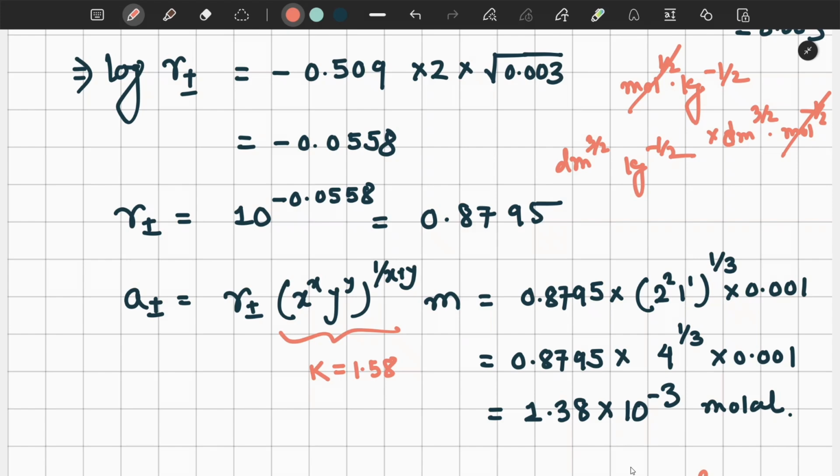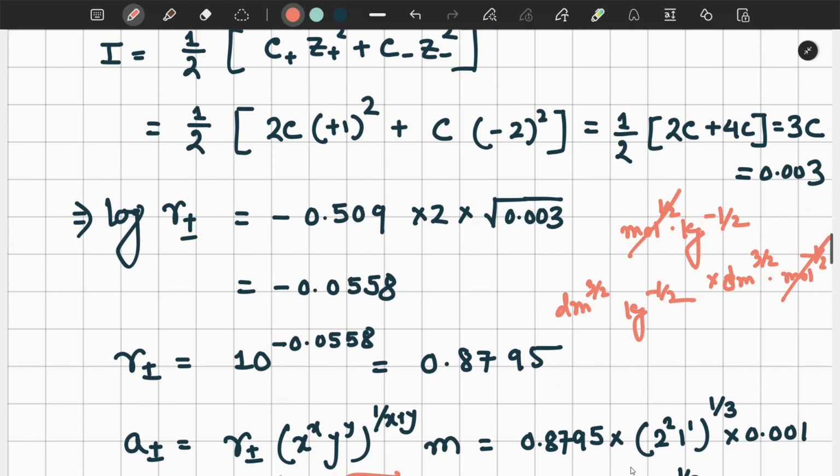Just let me think. It is molal. When it is molal, it is mol per liter. If I put mol per liter, then it is liter to the power 3 by 2 and liter to the power half, that should be unitless.